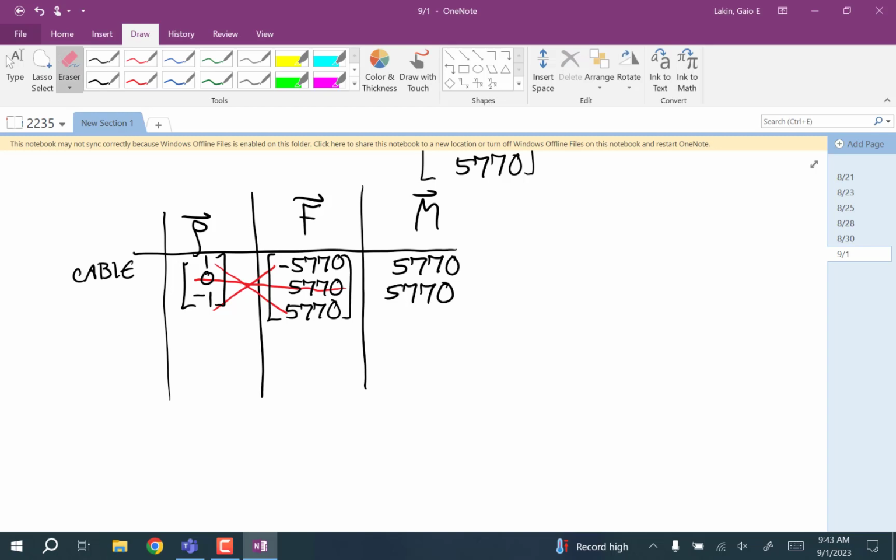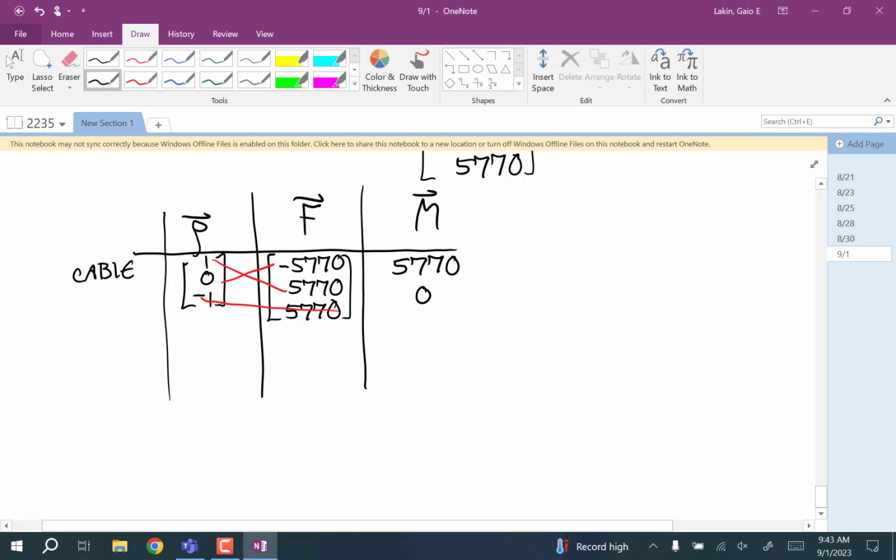No, it doesn't, because I didn't subtract. So we got 5770 minus 5770, so that comes out to be 0. That's good. I'm just trying to make sure everyone's paying attention. Okay, so 0. And then z, cross these out. And then it's this times this minus this times this.